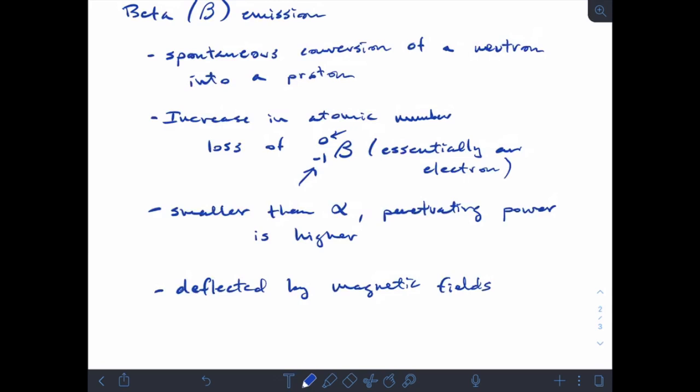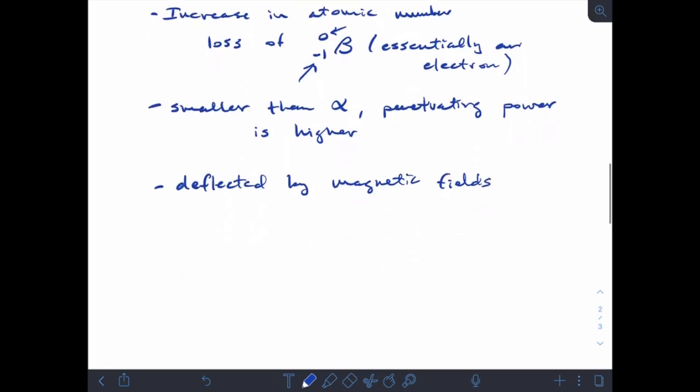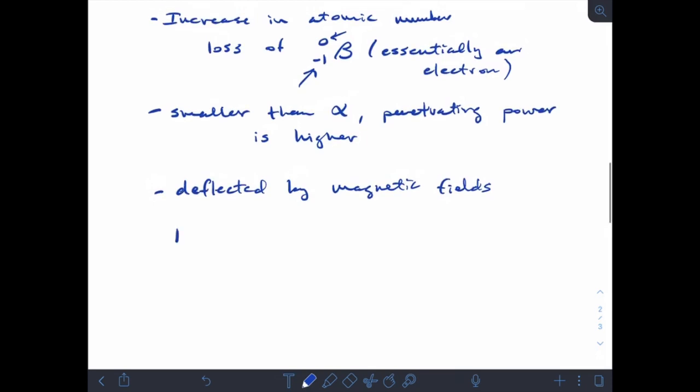Okay, so the sort of symbolism that we can put with this: we could look at this in terms of a neutron, N for neutron, converts into a proton, P for proton, plus a beta particle.